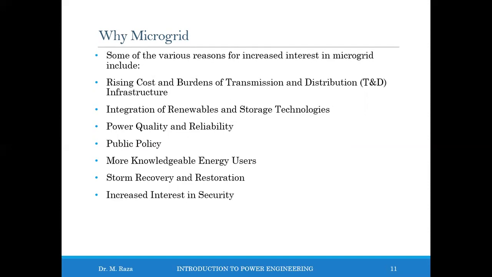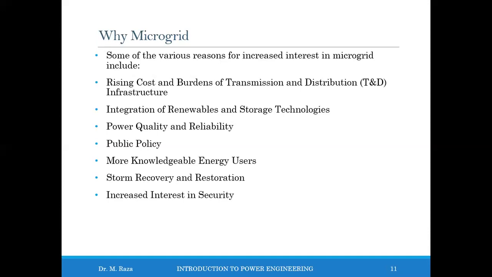Power quality and reliability is the third reason why microgrids are under consideration. The need for high reliability and good power quality has increased as more customers install microprocessor-based devices and sensitive machines.